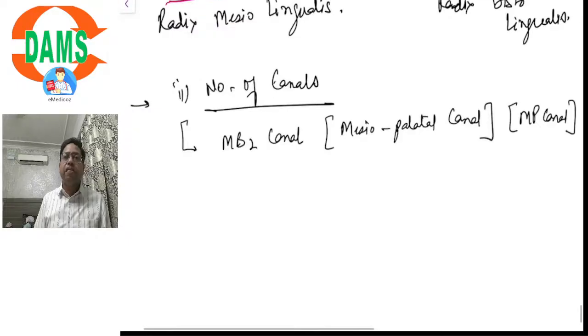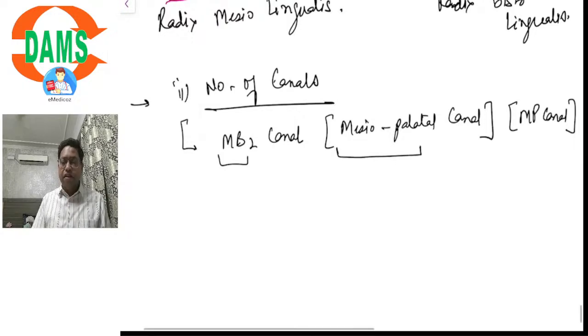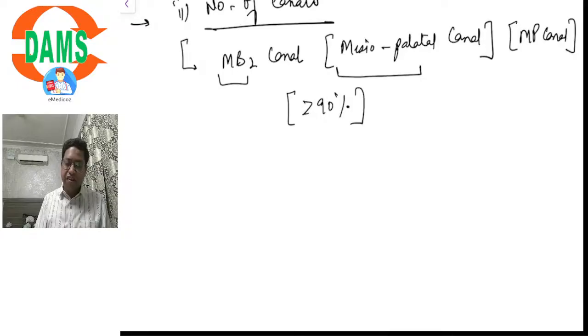So please do not get confused. MB2 canal is also called mesiopalatal canal or MP canal. It has an incidence of greater than 90% for maxillary first molar. More than 90% of the cases it will be present.